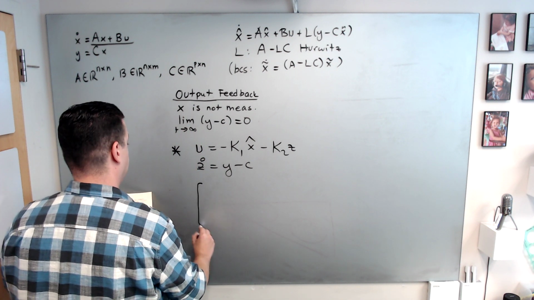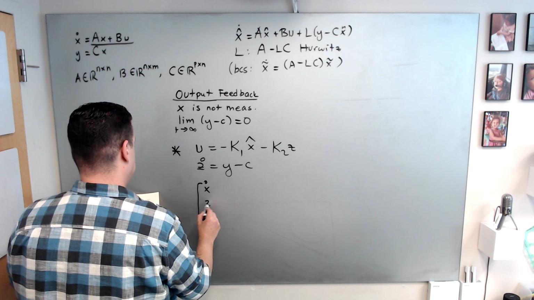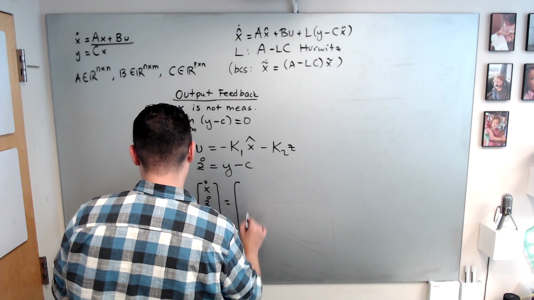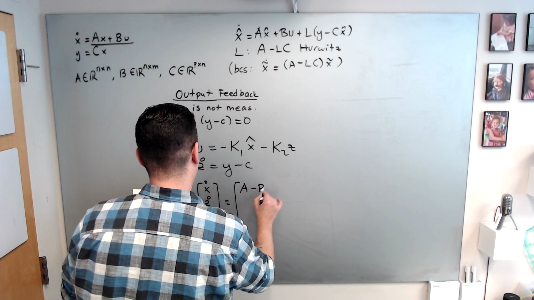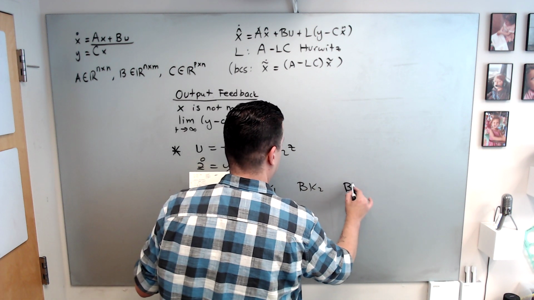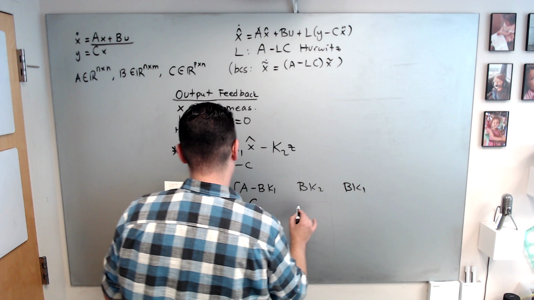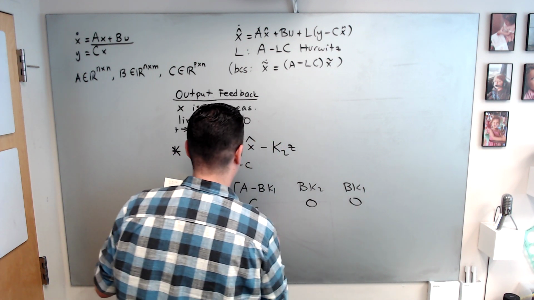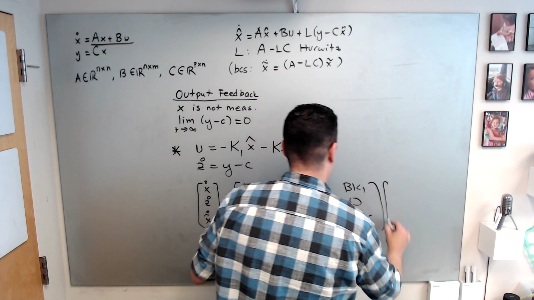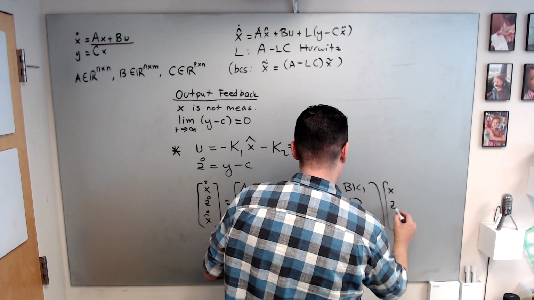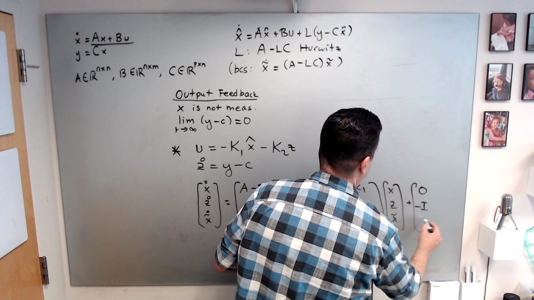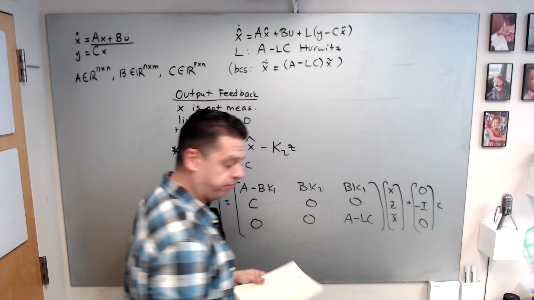If you write x dot, z dot, and x tilde dot together, the closed loop system, you are going to have [A plus B K1, B K2, B K1; C, 0, 0; 0, 0, A minus LC] [x; z; x tilde] plus [0; minus identity; 0] C.